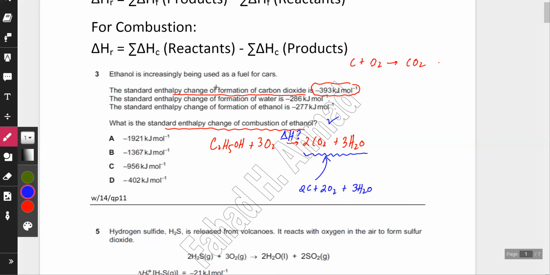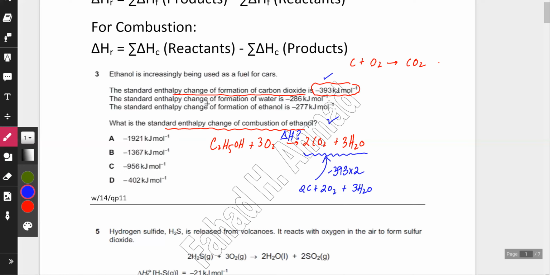I'm not touching water. So water remains exactly the same. What's the enthalpy change? It's minus 393, right? But multiplied by two, right? Because it's two carbon dioxide molecules that are getting produced.